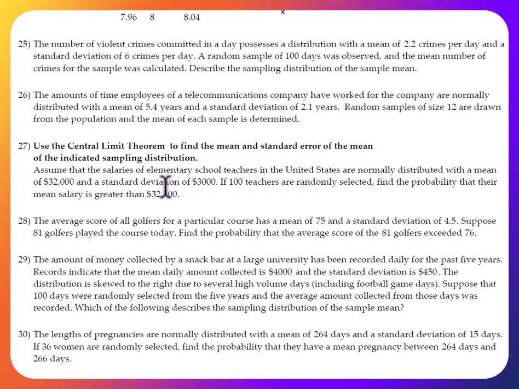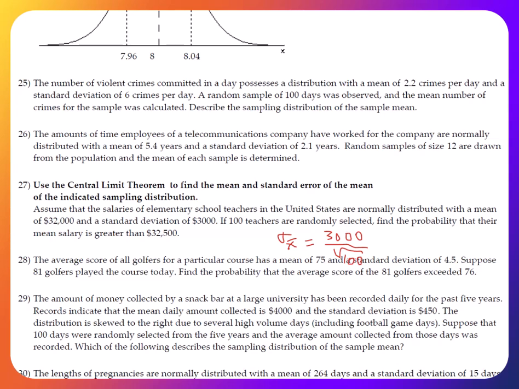Before we do this, before we go to StatCrunch and use the normal calculator, you have to calculate the new standard deviation. When you work with samples, you cannot use the original standard deviation. You have to use this one right here that I just shaded.